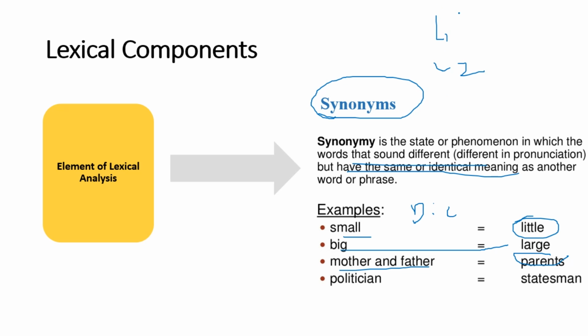The L1 chain will contain all those words in the document that have the same meaning with respect to the term bank. Another lexical chain can have the words related to small. So we formulate many lexical chains of the same meaning, and then we make use of these lexical chains on the basis of the number of occurrences of these words. We'll try to do the summarization or the topic extraction.